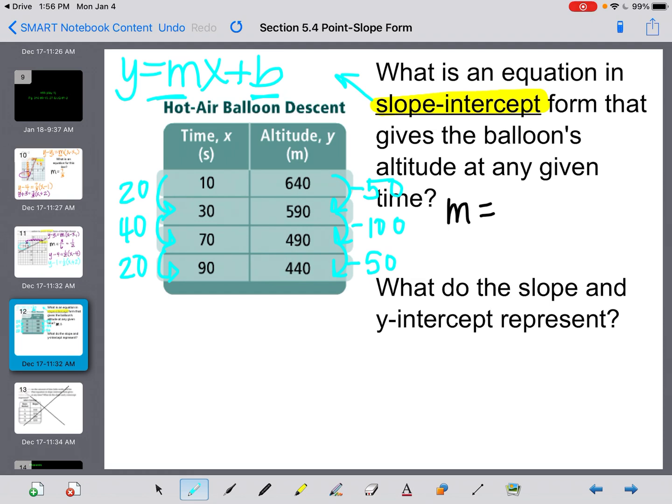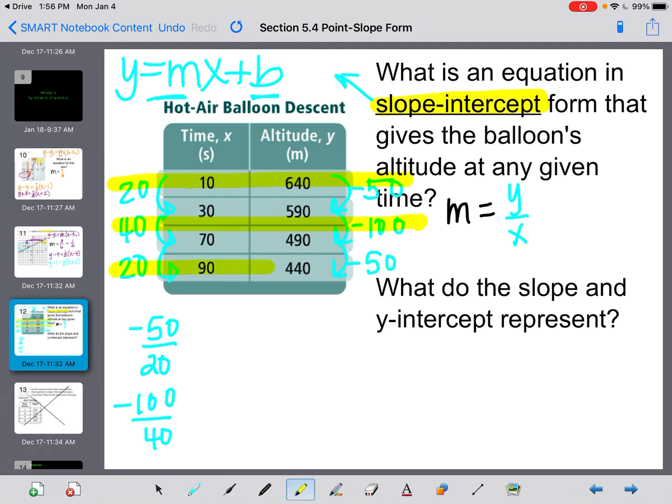So remember, when they're not the same, your slope has to be the y over the x. Okay, so if I checked all these out right here, I have -50 over 20. Okay, and then the second one is -100 over 40, and the third one is again that -50 over 20. So the same as the first one.